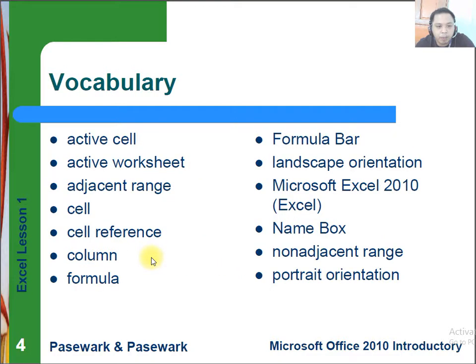Okay, so vocabulary, these are the terms that you need to get familiarized with. Okay, ito yung mga terms na gagamitin natin dito sa lesson natin. We have active cell, active worksheet, adjacent range, okay, so on and so forth. So medyo marami yan.